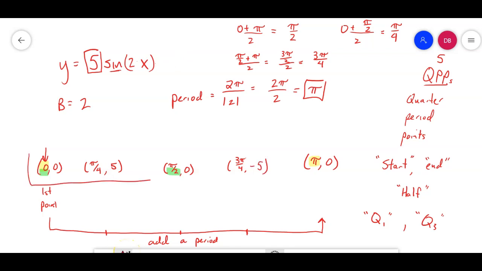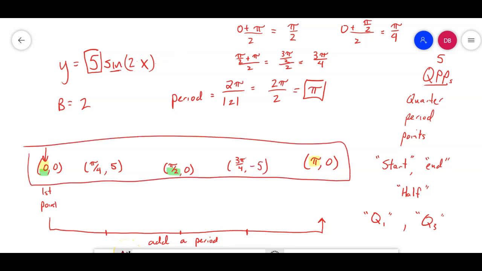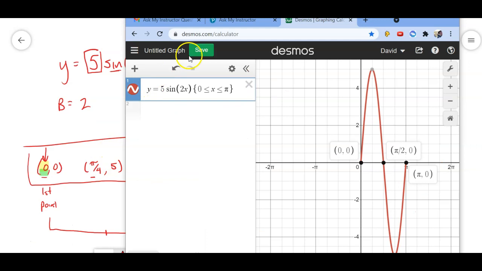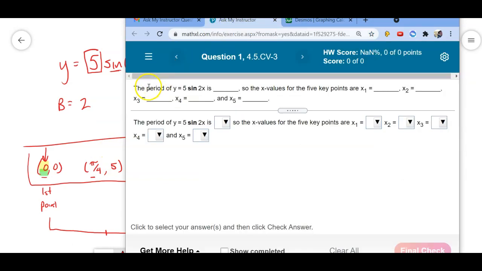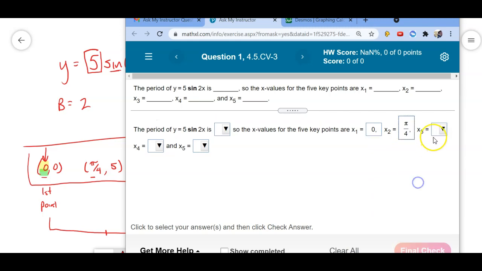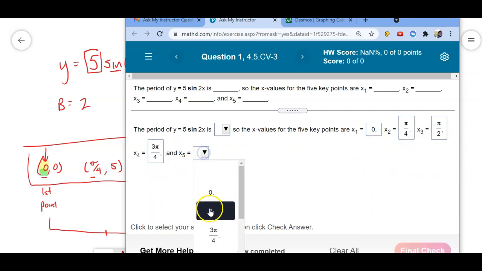So there are the 5 points, and the x coordinates only are what this problem is asking for. So for the period of sine 2x, the x values for the 5 key points are 0, pi over 4, pi over 2, 3 pi over 4, and pi.